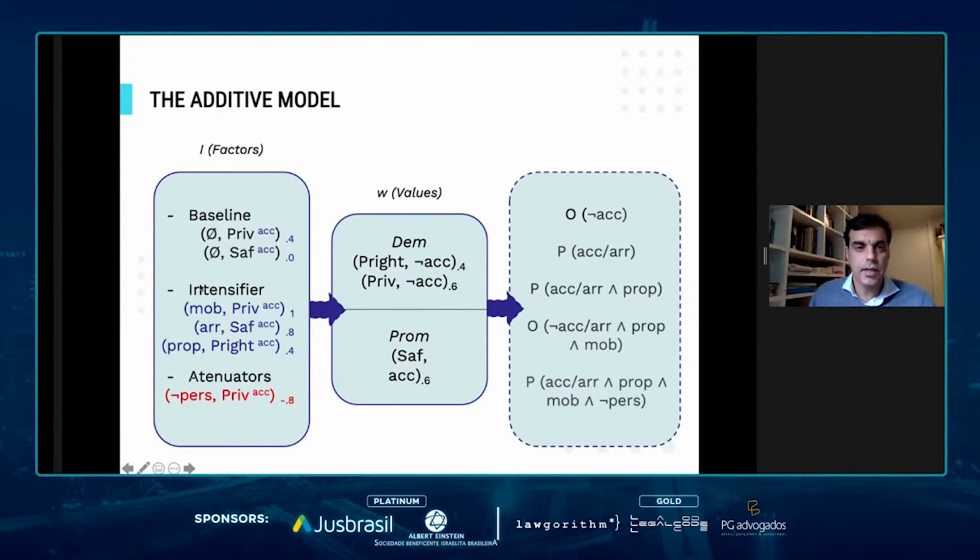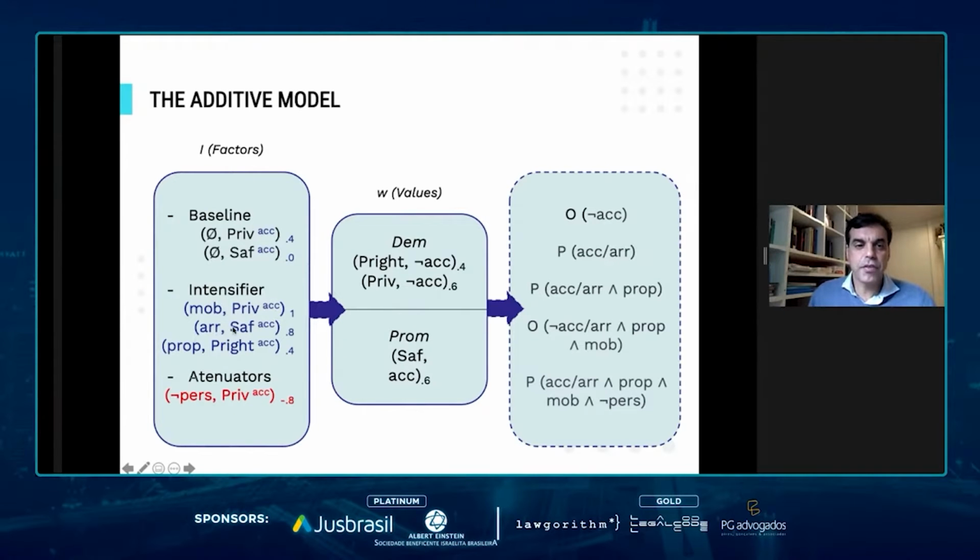But we may consider intensifier factors. For instance, the factor that there is an arrest intensifies the impact on safety of the action of accessing. And therefore, if you consider the product with the relative importance of safety, the balance shifts, now making the action permitted in the case of an arrest.